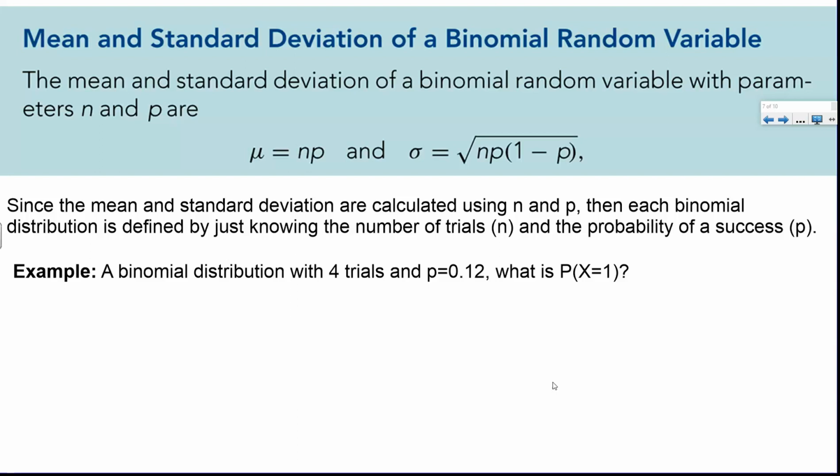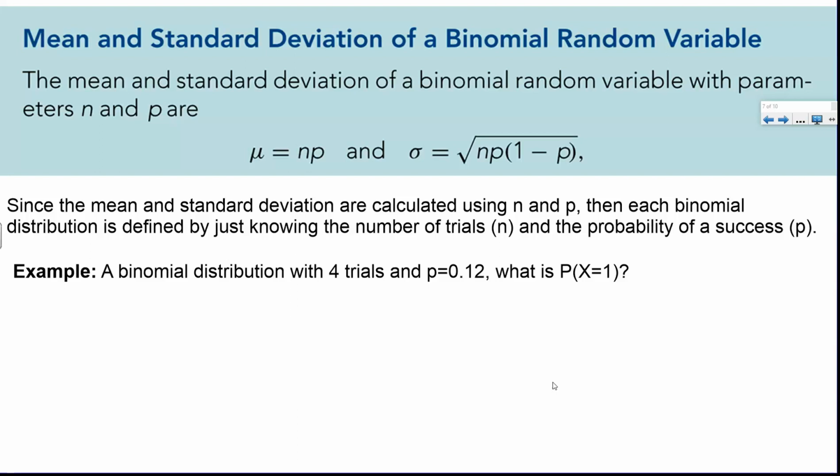We just have to know those two things. And the same thing for the standard deviation. We just need to know n and p. Okay? And that will give us our mean and standard deviation. So that's a lot easier than doing it the way we saw in the first section. So you could still do it that way, the same way we saw in the first section, but if you can identify that it's binomial, then you can go straight to just using these formulas.